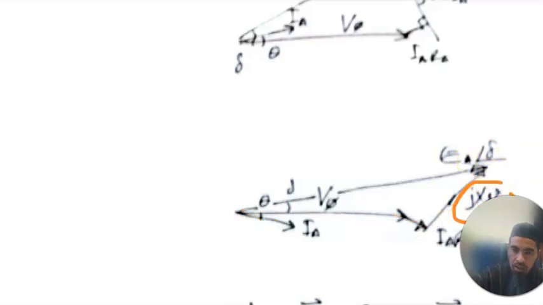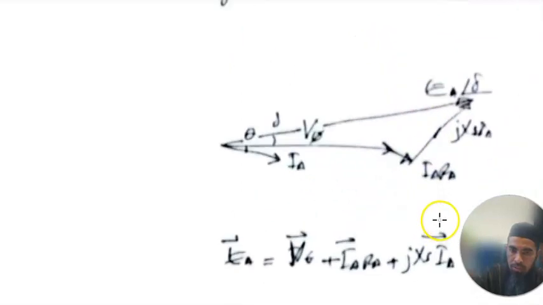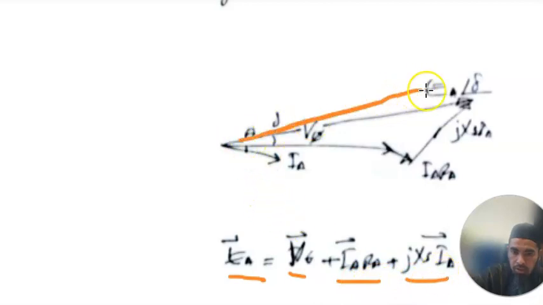Okay, this is how your phasor diagram is generated for a generator. And you can compare back in terms of their magnitude: EA is equal to VT or V phase plus IARA plus JXSIA. So this is for generator.